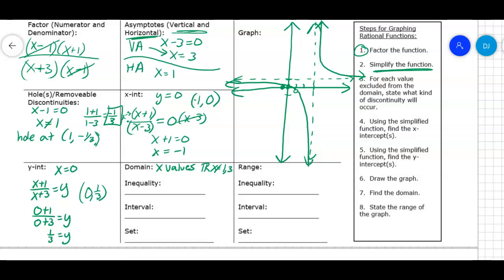So if we're doing that in an inequality, this is going to be a little confusing, but we're going to start off with negative infinity less than x, less than our first value, which is 1, union 1, less than x, everything between 1 and 3, union, and then everything between 3 and positive infinity. Kind of crazy.